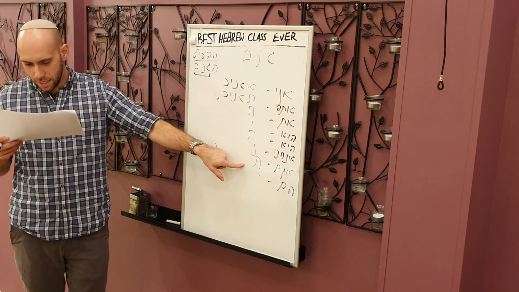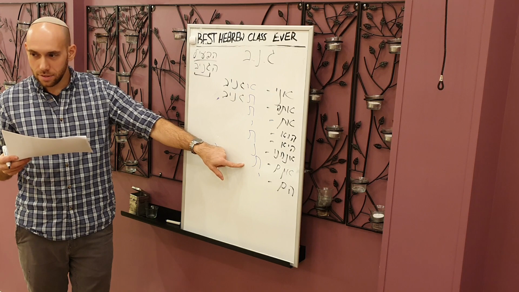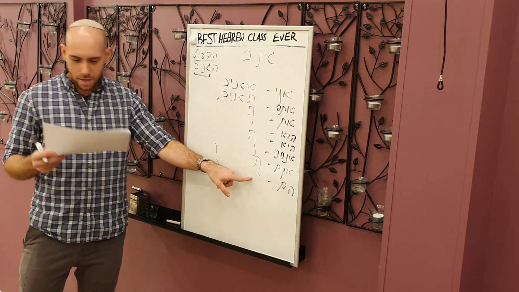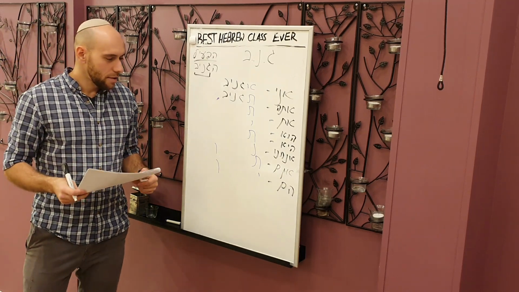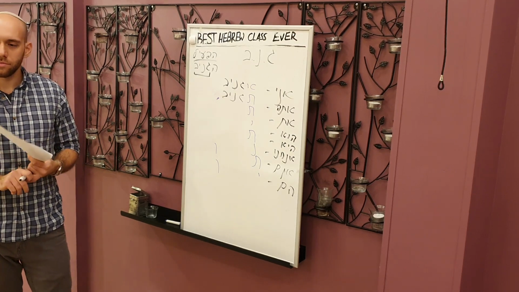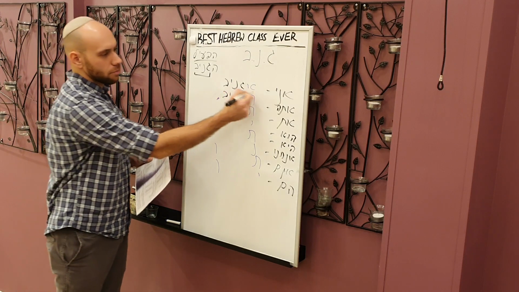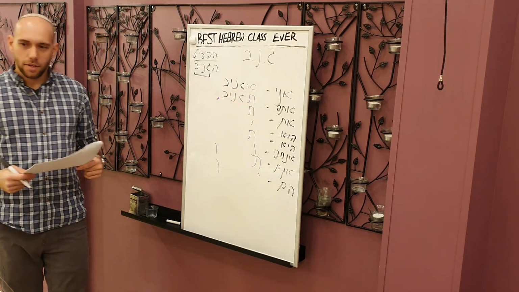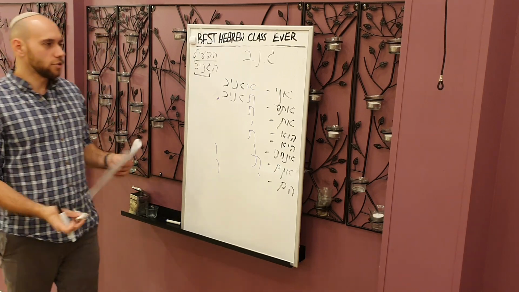Atem tagnivu. And hem yagnivu. So in this binyan, they all use an ah sound at the beginning. All of them have the ah sound. That's right. Okay, so that's pretty straightforward, I think.